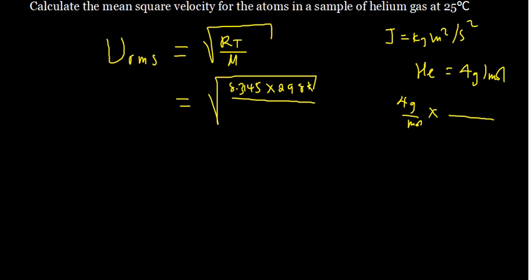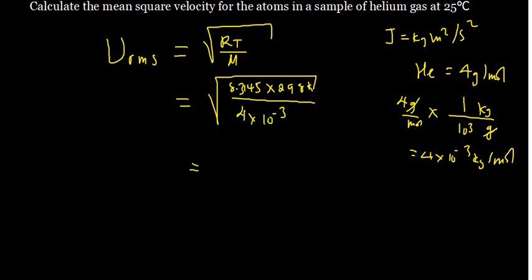We are going to take a gram down and then a kg on top. We know that in 1 kg I've got 1,000 grams, so the gram cancels with the gram. So that is going to give us 4 multiplied by 10 to the power negative 3 kg per mole. So that's the value for the molar mass that we're going to use in kg per mole. It is 4 times 10 to the power negative 3.